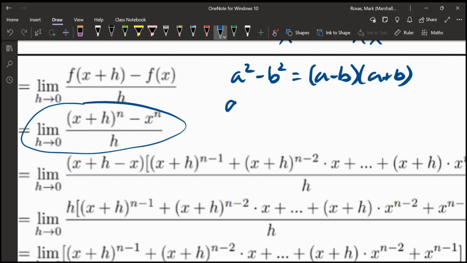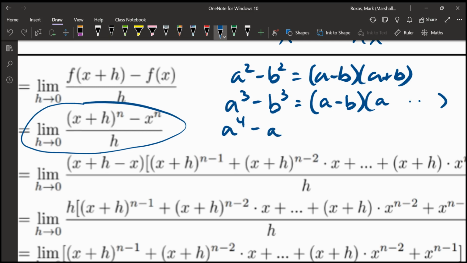Okay, if you did a difference of cubes, a cubed minus b cubed, there's also a formula for that that starts with a minus b, and then there was an extra term there. There's also a formula for a to the power of 4 minus b to the power of 4, right? That starts with a minus b times another long factor there.